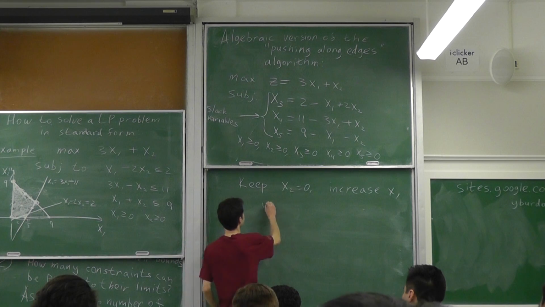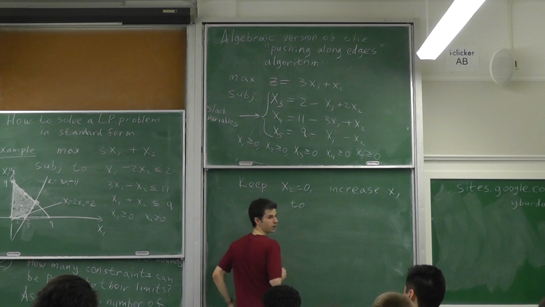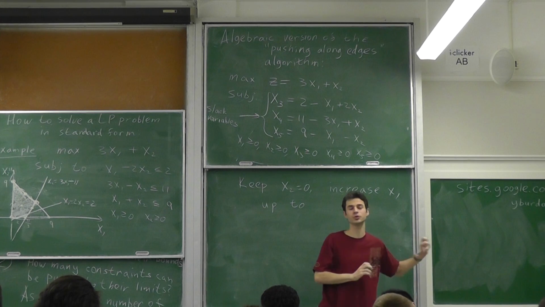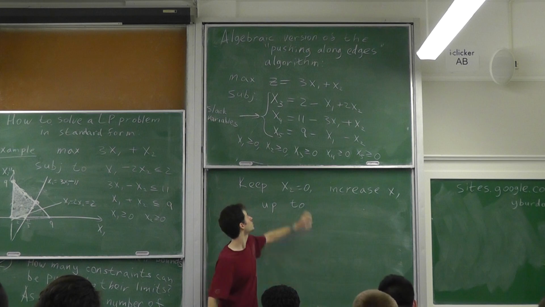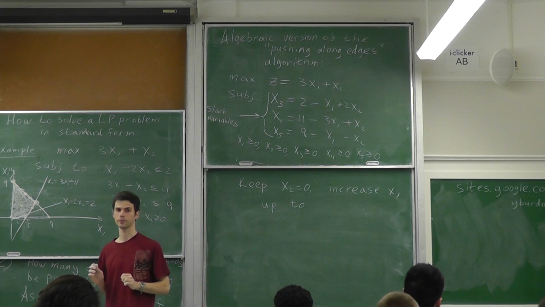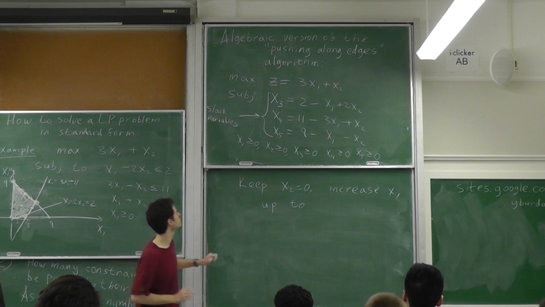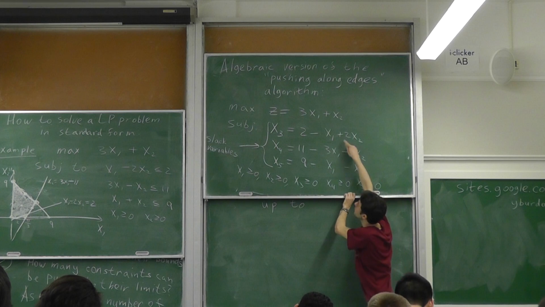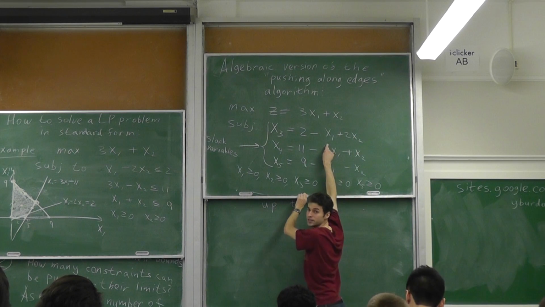Well, to what extent? I want to increase it as much as possible, but definitely I don't want to go out of this feasible region. I still want all the other variables, x3, x4, x5, to be bigger than 0. Well, let's see. I keep now x2 equal to 0, I increase x1.